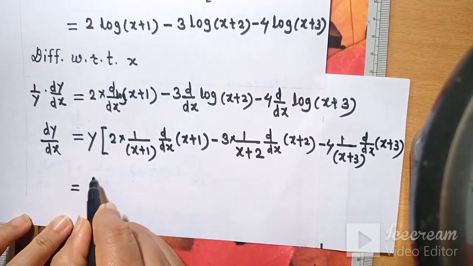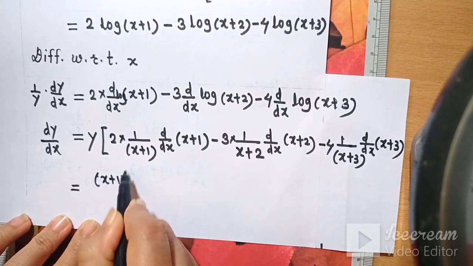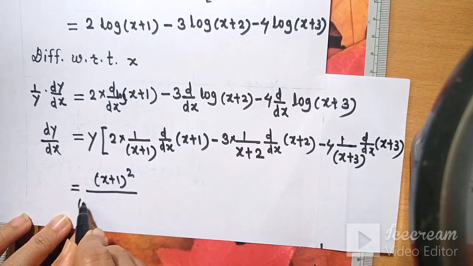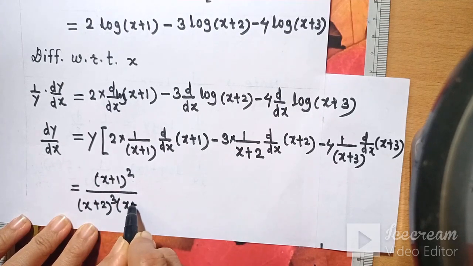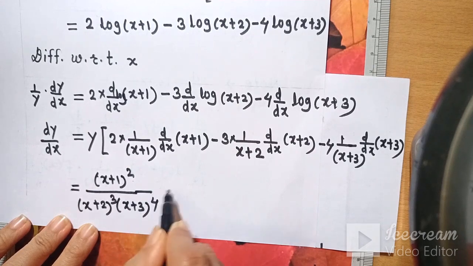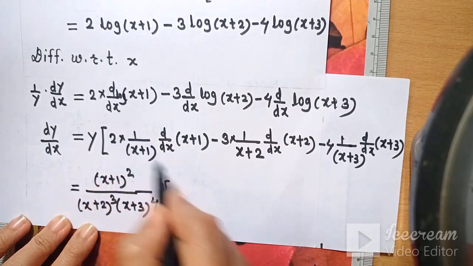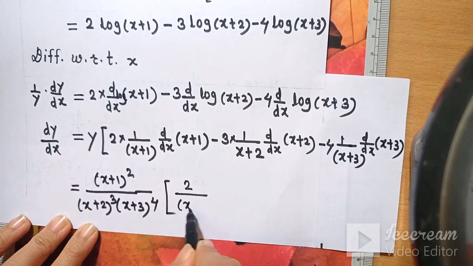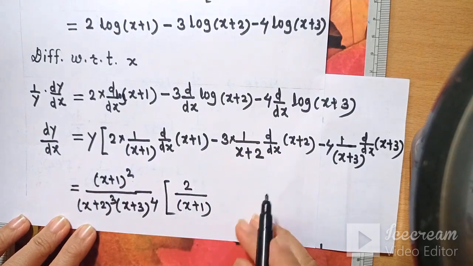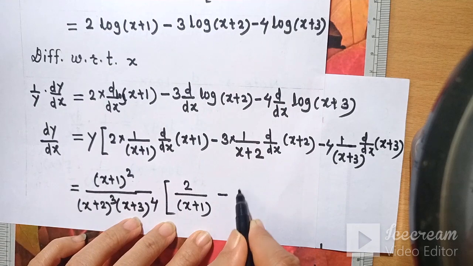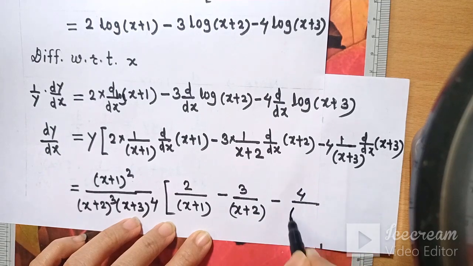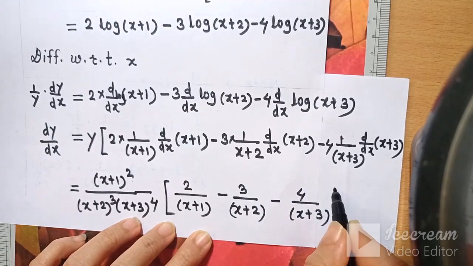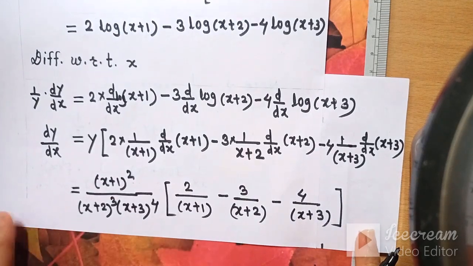So we write y, (x plus 1) squared upon (x plus 2) cubed (x plus 3) raised to 4, and in brackets write 2 upon (x plus 1) minus 3 upon (x plus 2) minus 4 upon (x plus 3). This is the final answer.